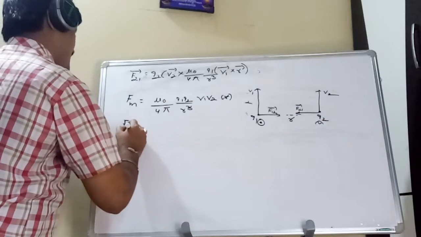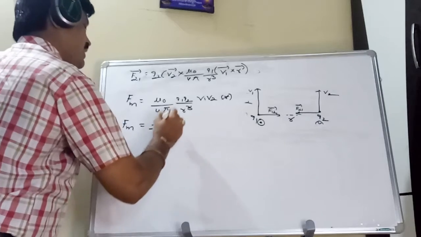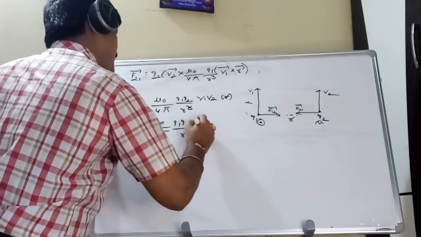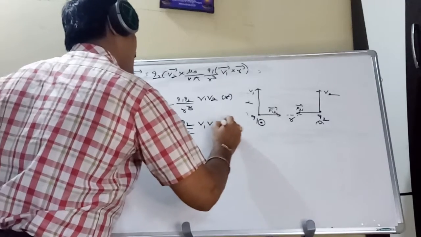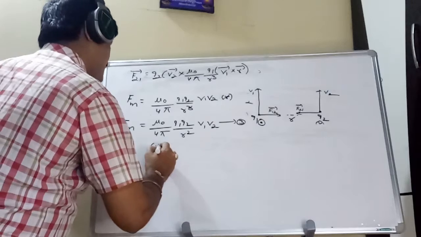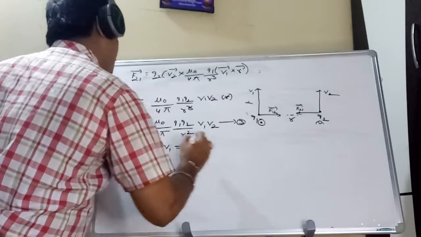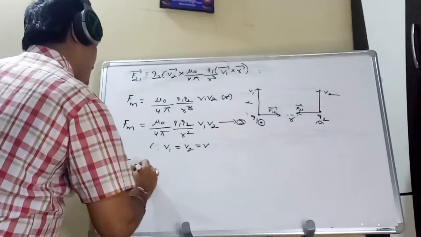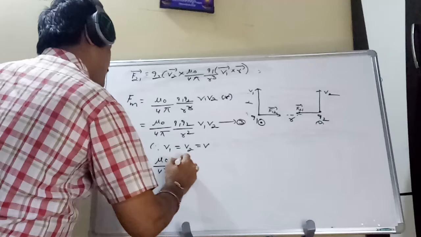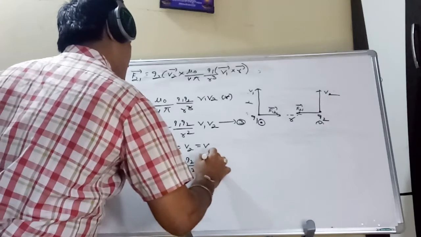So Fm equal to mu naught by 4 pi, Q1 Q2 by R square, into V1 V2. This is equation 3. Since V1 equal to V2 equal to V, Fm equal to mu naught by 4 pi, Q1 Q2 by R square, into V square. This is equation 4.